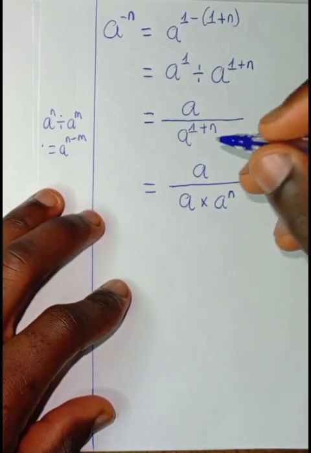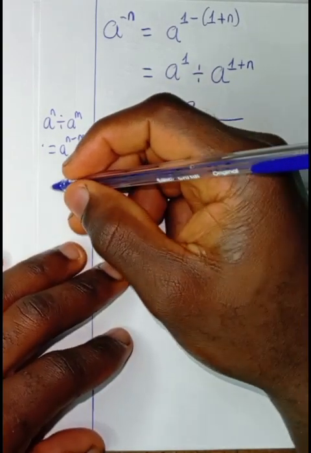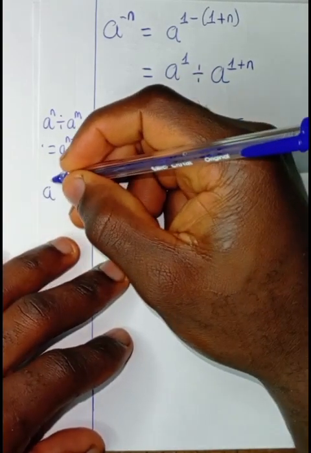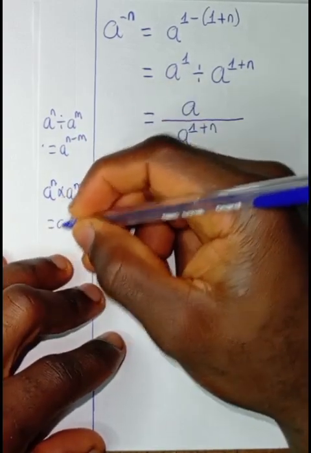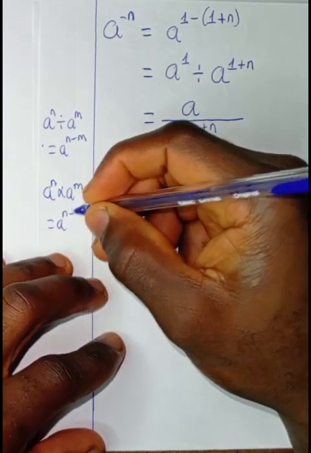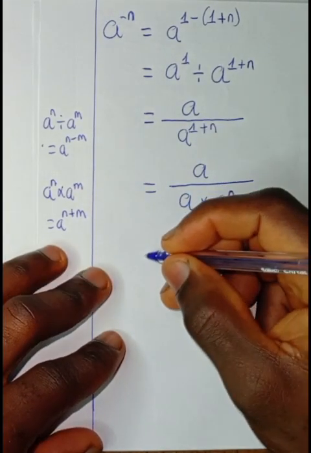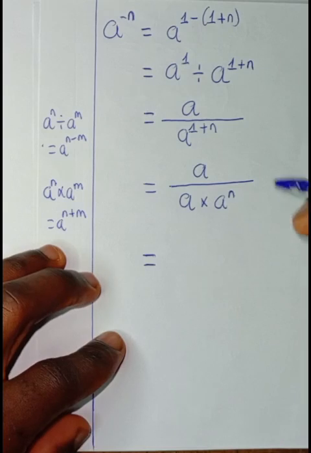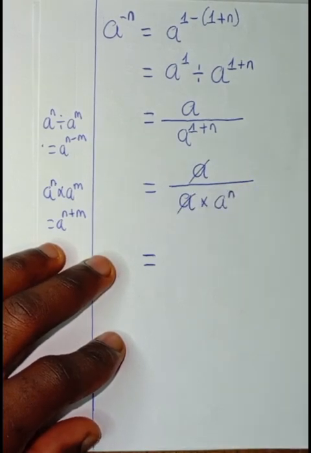So in here at the denominator, we are making use of the second property, second law, which states that if you have e to the power n times e to the power m, it is equal to e raised to the power n plus m. So this will simply be equal to, if we simplify, you'll see that a will cancel a.